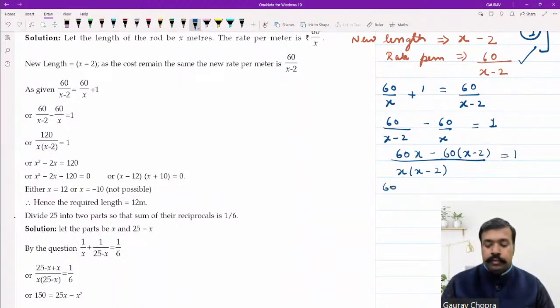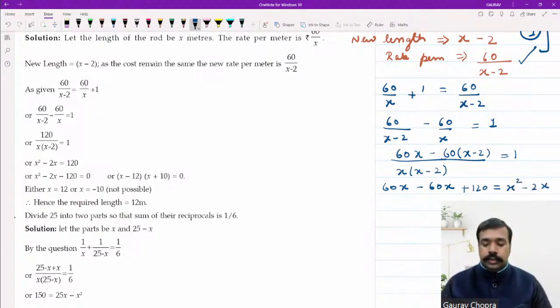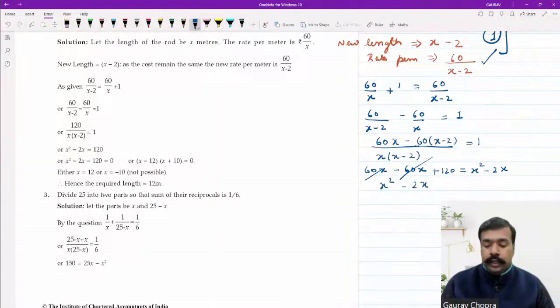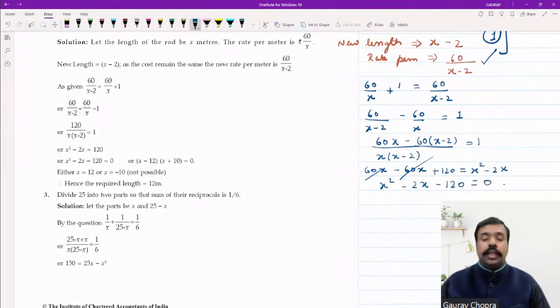So now we can simplify: 60x minus 60x plus 120 equal to x square minus 2x. So 60 and 60 will get cancelled. So we are left with x square minus 2x minus 120 equals 0. Now we can solve this equation. Now we are left with the quadratic equation.